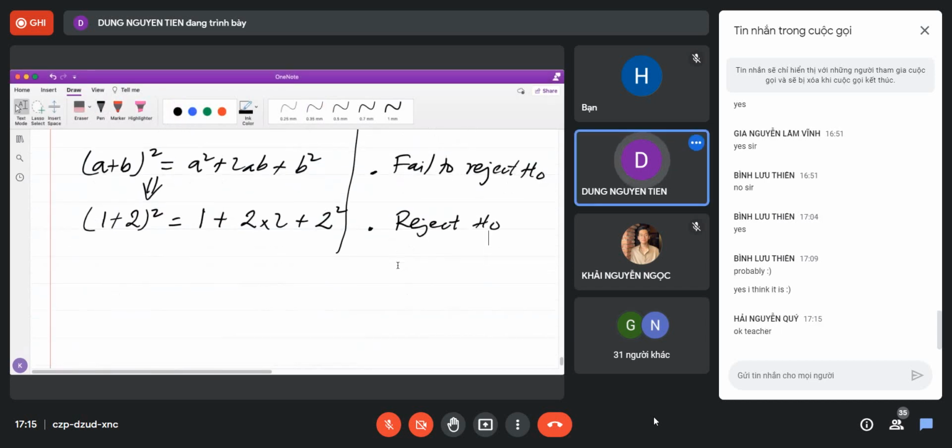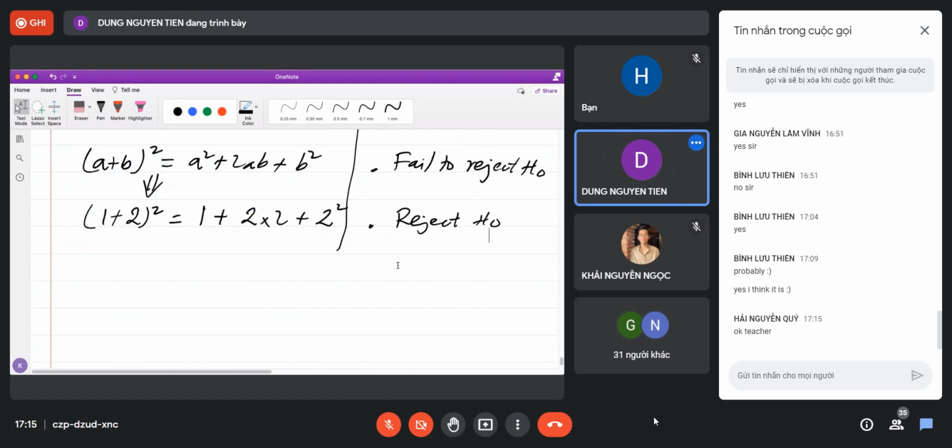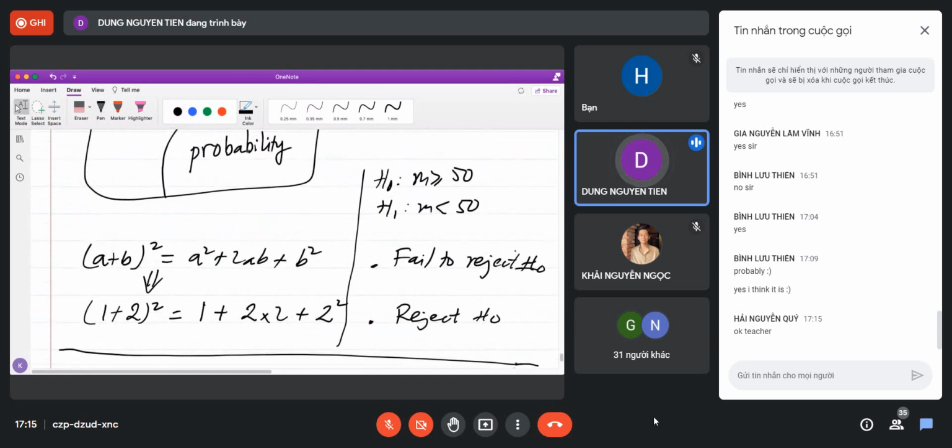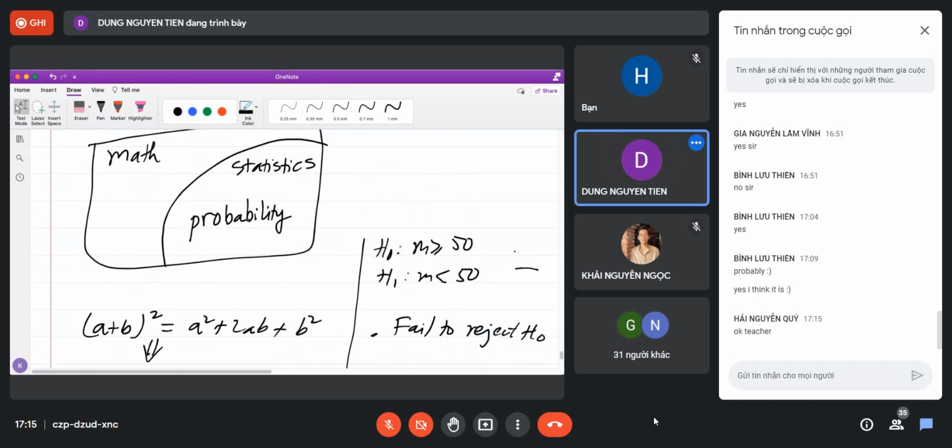So it means that there are a lot of methods that you can use in statistics to test one hypothesis.